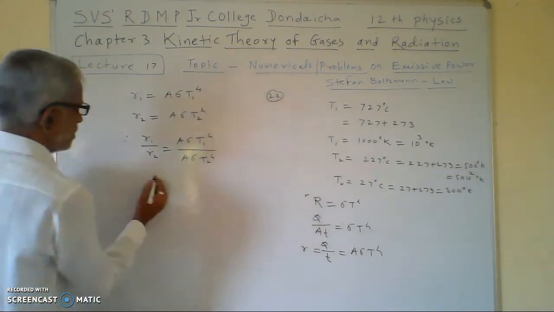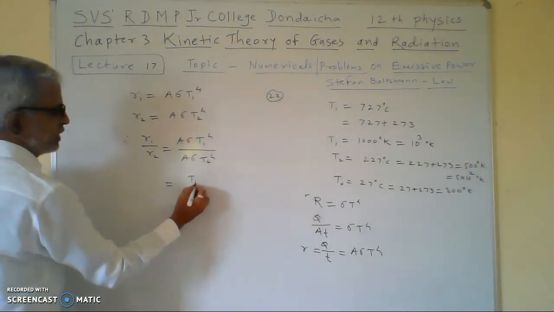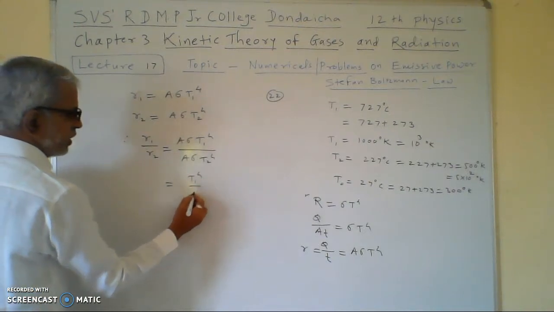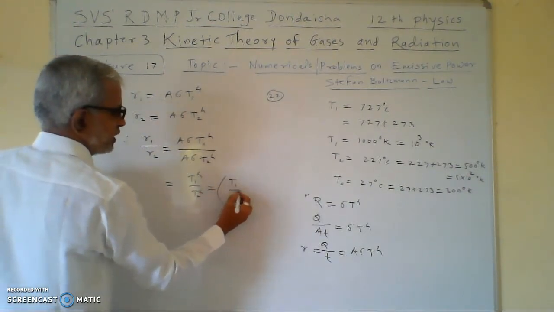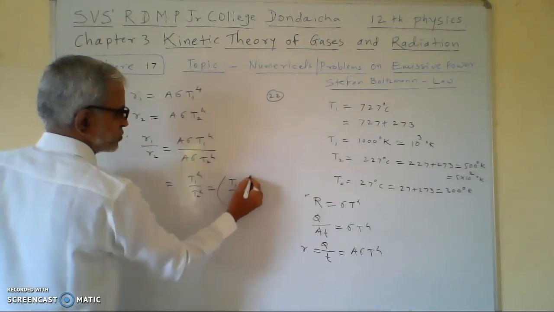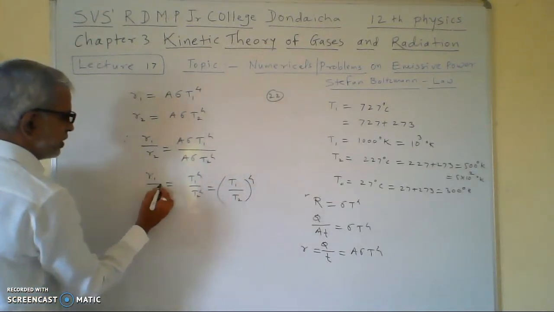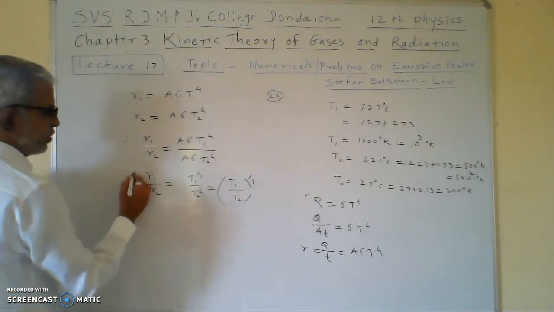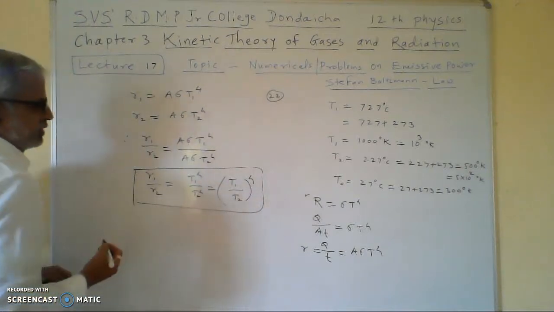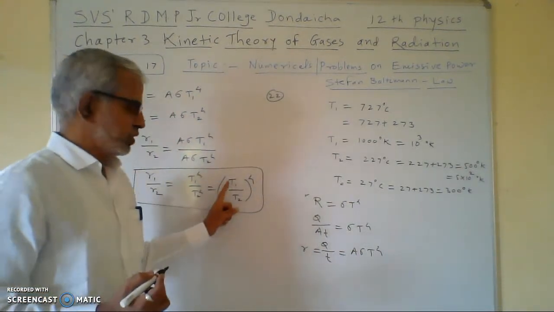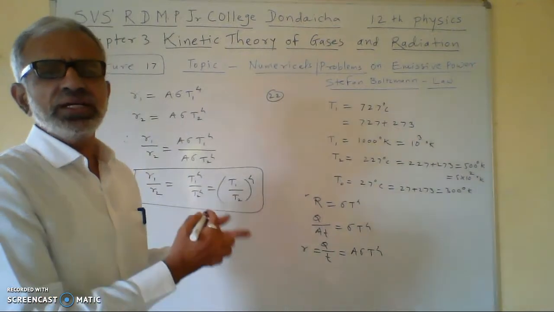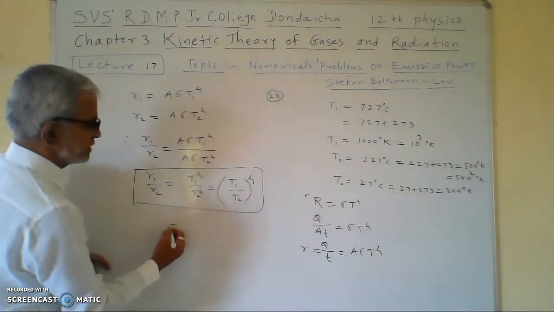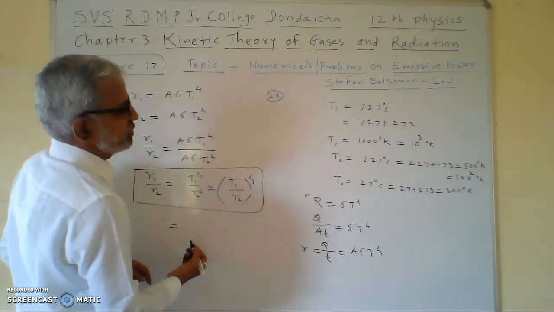This is equal to T1 raised to 4 upon T2 raised to 4, equal to T1 upon T2 raised to 4. So let us put the value. So this is equal to, what is T1?